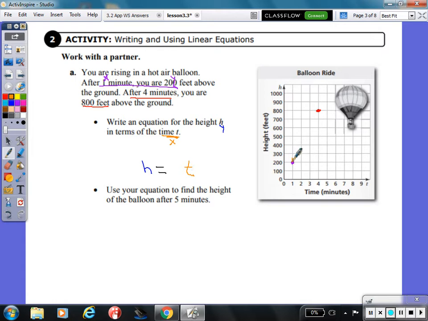If I come up 1, 2, 3, 4, 5, 6, but notice each one of those is in hundreds. So my slope would be 600 for the rise over 1, 2, 3. That is actually 3. So my slope would be 600 over 3, or 600 divided by 3 is 200 for our slope.